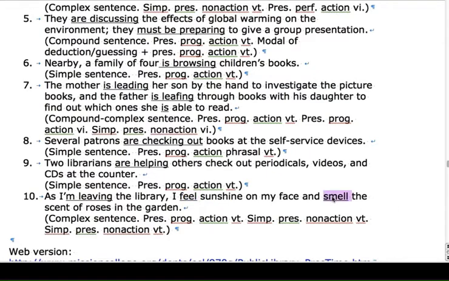The verb smell has an object. What do I smell? The scent. Scent is the object. And what kind of scent? Prepositional phrase of roses. The scent of roses. Where? In the garden. So you can see prepositional phrases help us define what kind of scent, in that case. And this one tells us where, or tells the location.